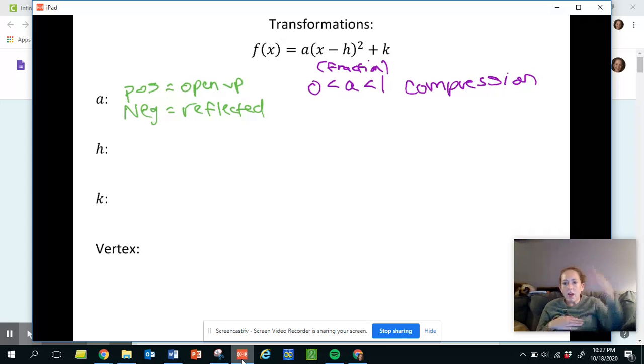It's where the graph got squeezed down and it becomes wider. So when I ask for transformations, you can say compression or you can say wider.